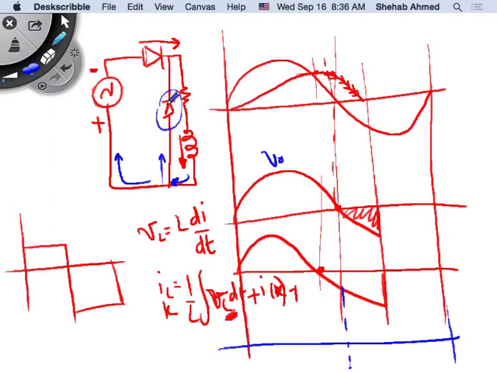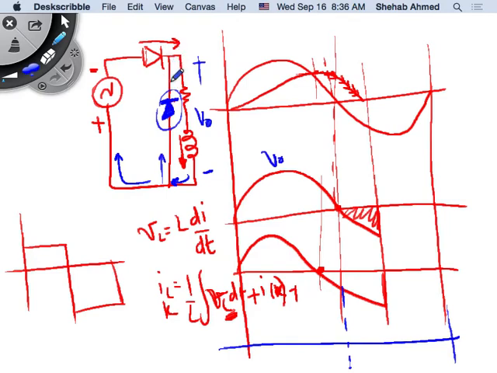So if current flows through this path, then what is the output voltage equal to? What does V out equal? The current's flowing through here. This is a short circuit, right? When current's flowing through it, it's a short circuit.